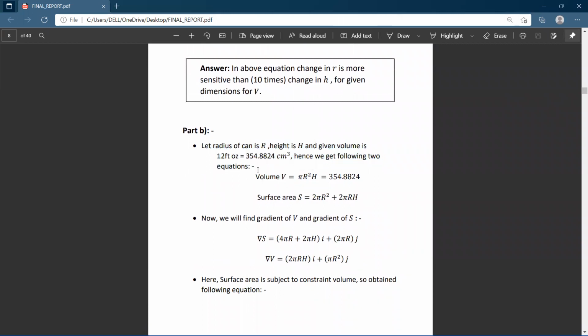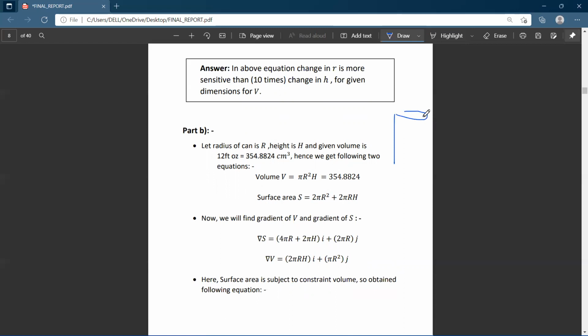So for the volume of the soda can, I am assuming the radius is capital R and the height is capital H. Given that the volume should be the same, volume is equal to pi R square H, where I converted the 12 fluid ounces into centimeters cube, so we can easily calculate the dimensions in centimeters at the end of the calculation. So here is the volume. Now the surface area of the can will be, means this system is like this.